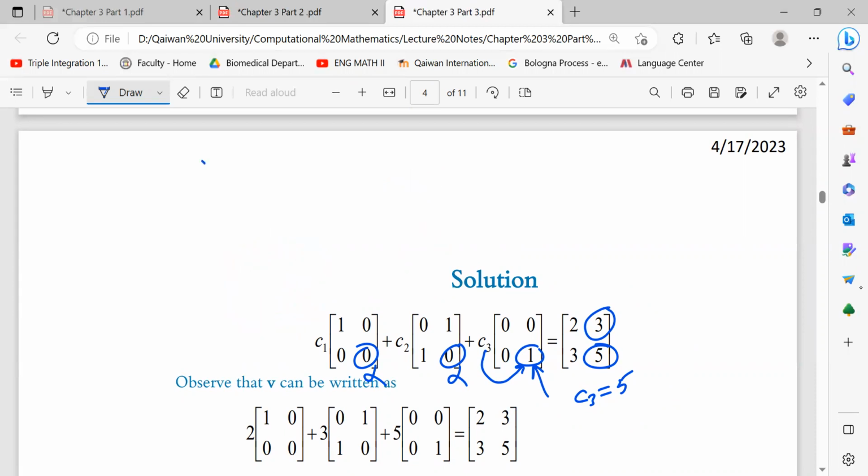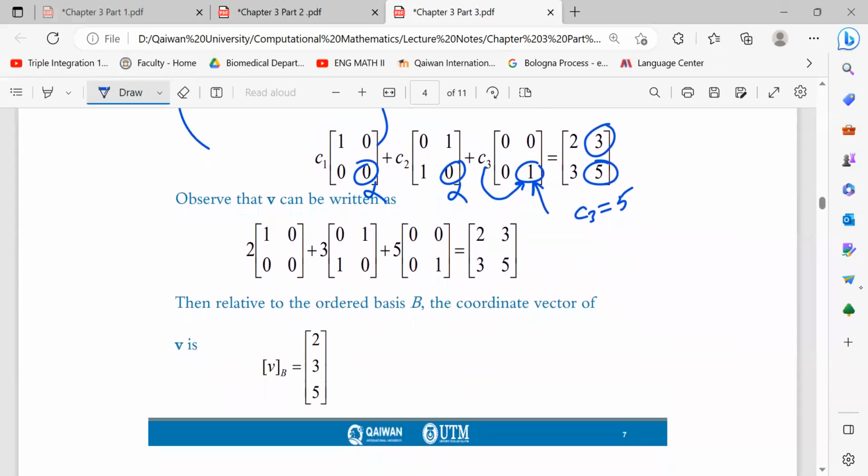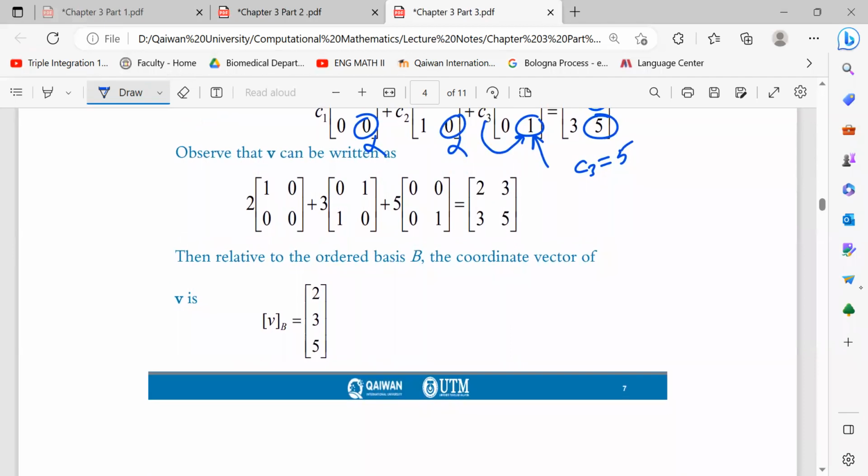You need to write down the augmented matrix and solve it, and use reduced row echelon form to get the values of C1, C2, C3. That's it. Now, VB, the coordinate of V relative to B, is 2, 3, 5. That's all about coordinates.